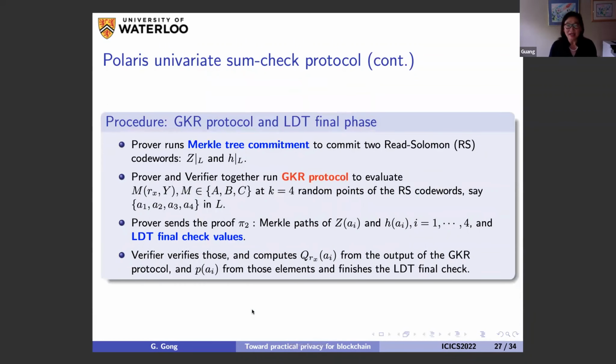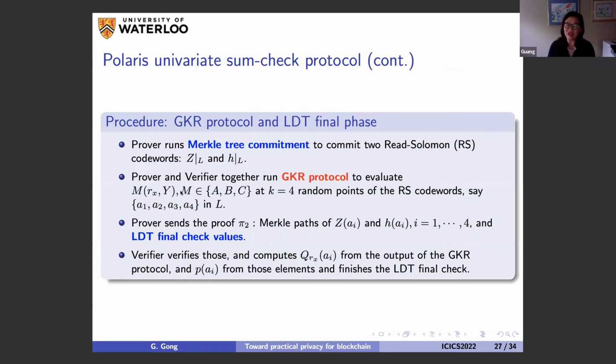Then after we have that low degree test polynomial, we will commit 2 vectors. One is from the witness, another is from the low degree polynomial testing. Then we will run the GKR protocol to compute the values of this polynomial at the 4 points.